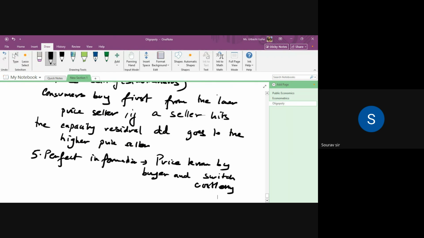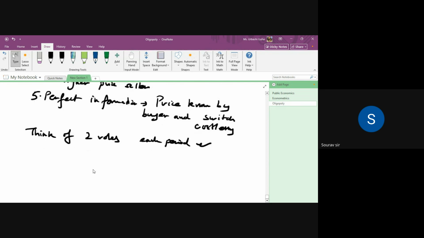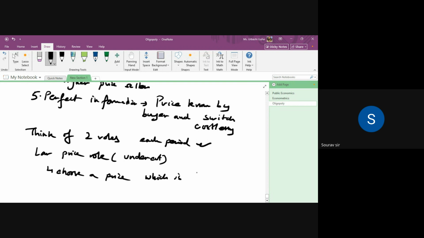So how is the mechanism? How does the price war breathe, if I talk about it? Think of two roles each period. The low price role means undercut. What is undercut? Choose a price which is low enough to fill your own capacity.